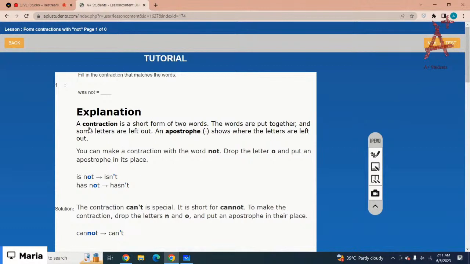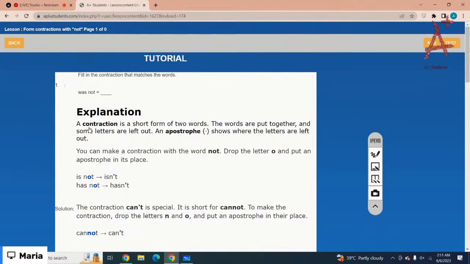A contraction is a short form of two words. The words are put together and some letters are left out, from the second word. An apostrophe shows where the letters are left out.